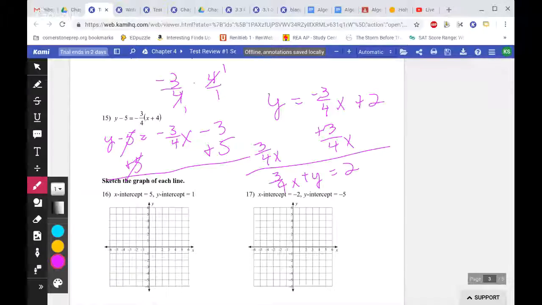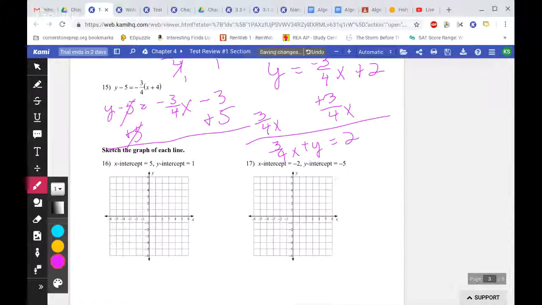Now, just for a point of clarification for you guys, obviously tomorrow you can leave it like this, if I'm not mistaken. I don't think there's one on there that has this. I'm not positive though. I got to double check. But what you need to remember when getting an equivalent equation, because that's really all we're doing, to not get a fraction leading the front and not turning any of your other numbers into fractions, all you have to do is multiply the whole equation by the denominator of the one fraction.